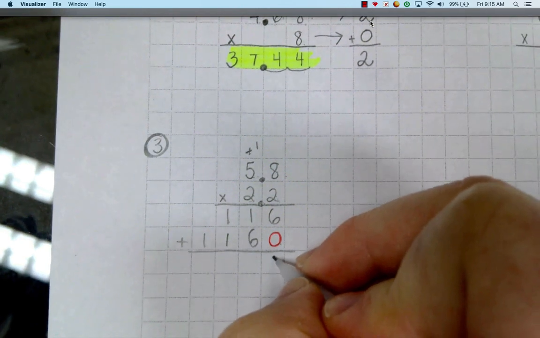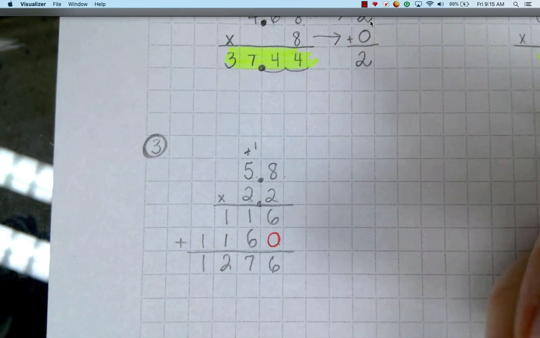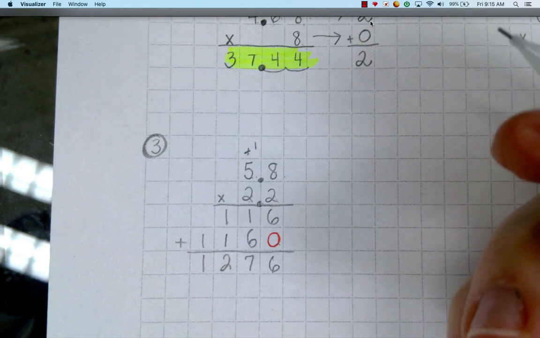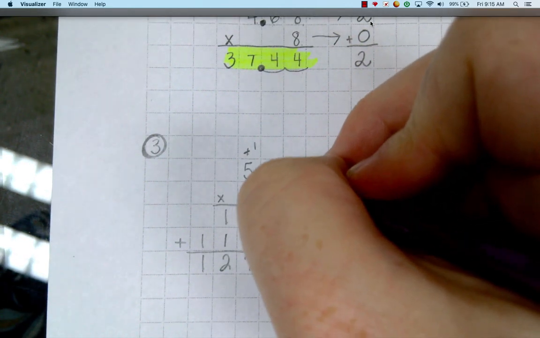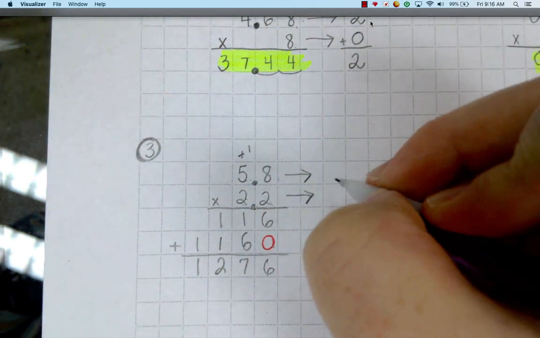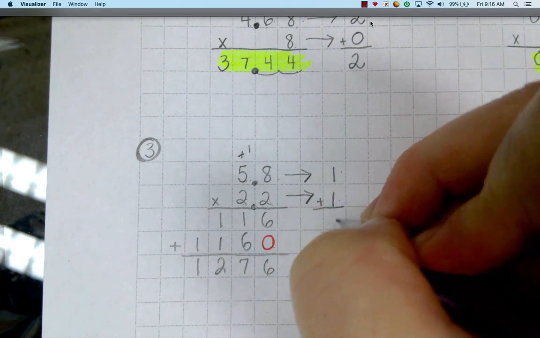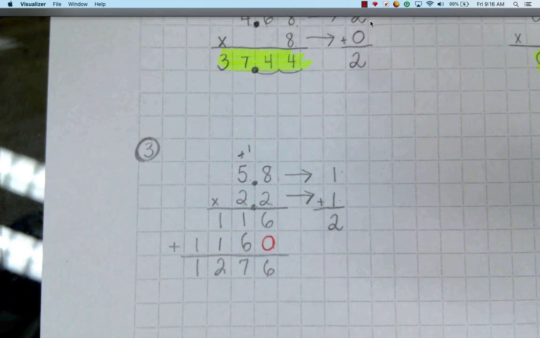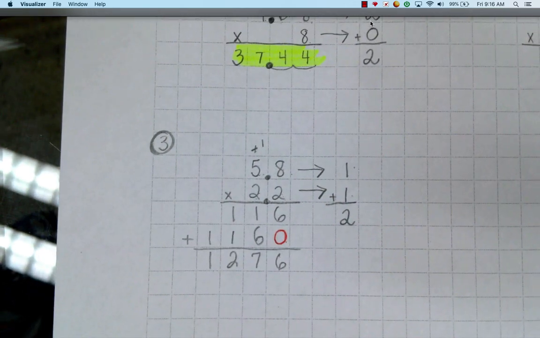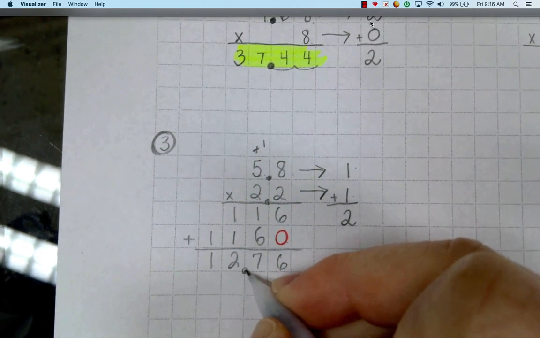And then 6, 7, 2, and 1. But we're not finished yet. We have to do our decimals. So again, draw my arrows. I have 1 to the right up here, 1 to the right down there. Put them together. 1 plus 1 is 2. What does that mean? It means I need to have two digits to the right of my decimal in my product. Here, 1, 2. And that's what I get.